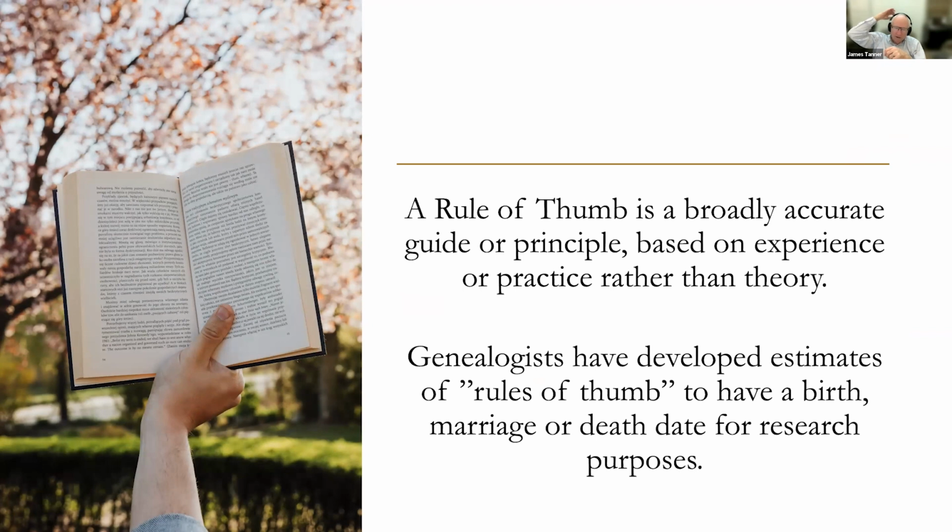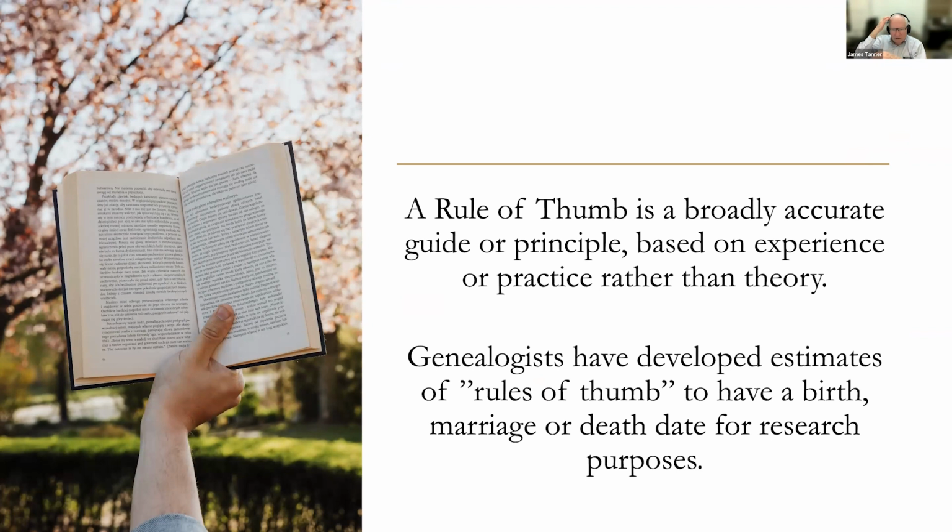So when we resort to a rule of thumb, it presupposes that we already have the experience and practice we need to find the record, and we're just using this because our other efforts have been unavailing.